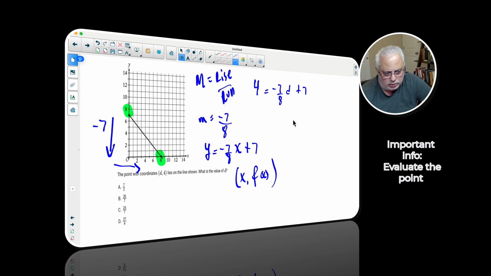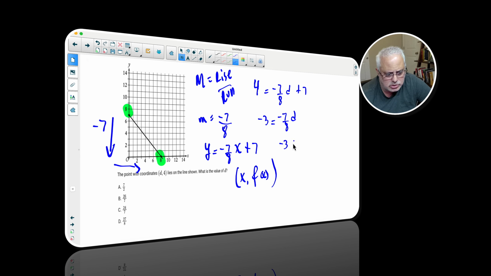So 4 minus 7, solving for D, is negative 3, equal to negative 7 over 8D. And now divide by negative 7 over 8, which is negative 3 times 8 over 7, negative. Keep that in mind. That is equal to D, because when we divide by a fraction, we multiply by the reciprocal.